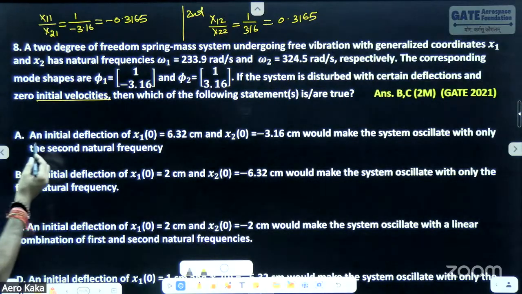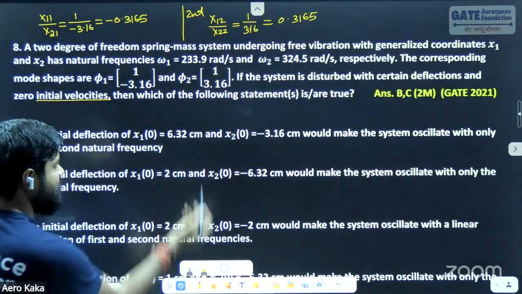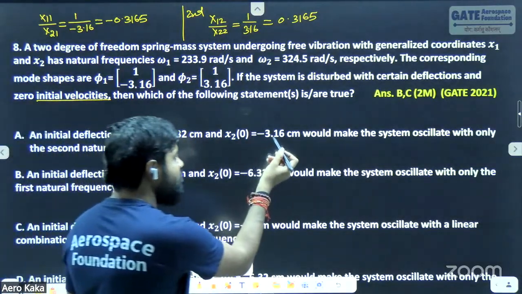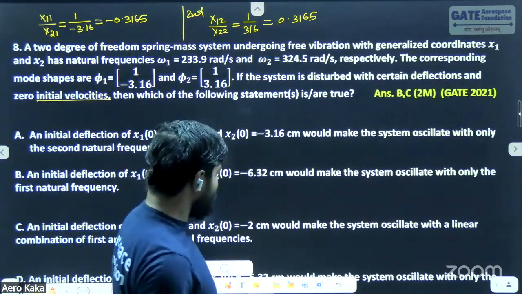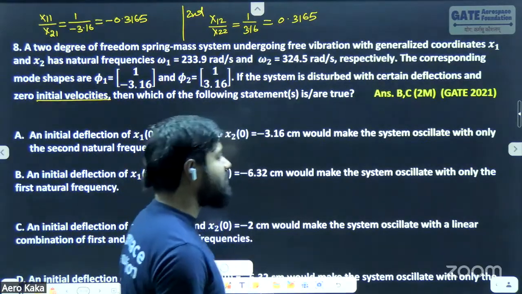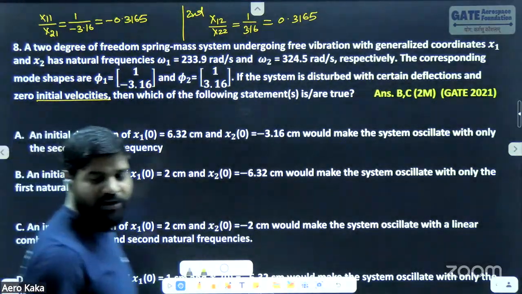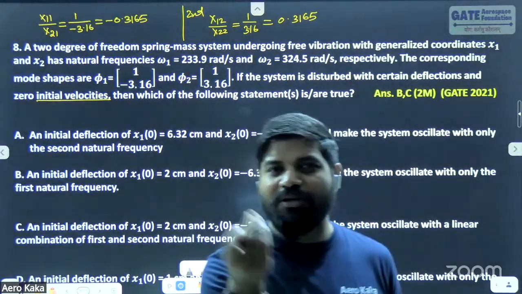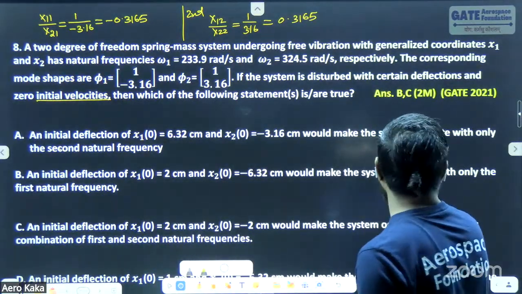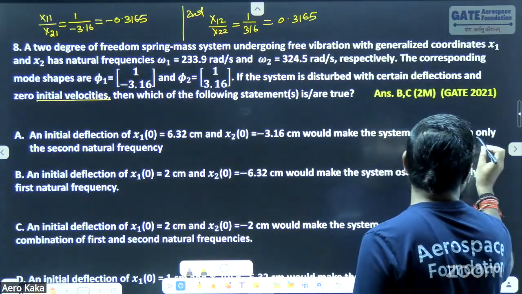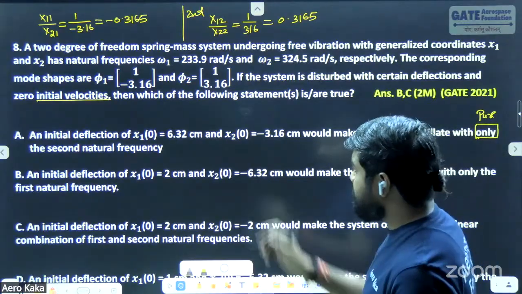So here, an initial displacement of x1 equal to x10 is 6.32 centimeter and x20, the initial displacement of the second mass, of minus 3.16 centimeter would make the system oscillate with only the second natural frequency. What is the meaning of this? If the system is vibrating with the second mode, it would oscillate with only the second natural frequency means pure mode. Is that clear?